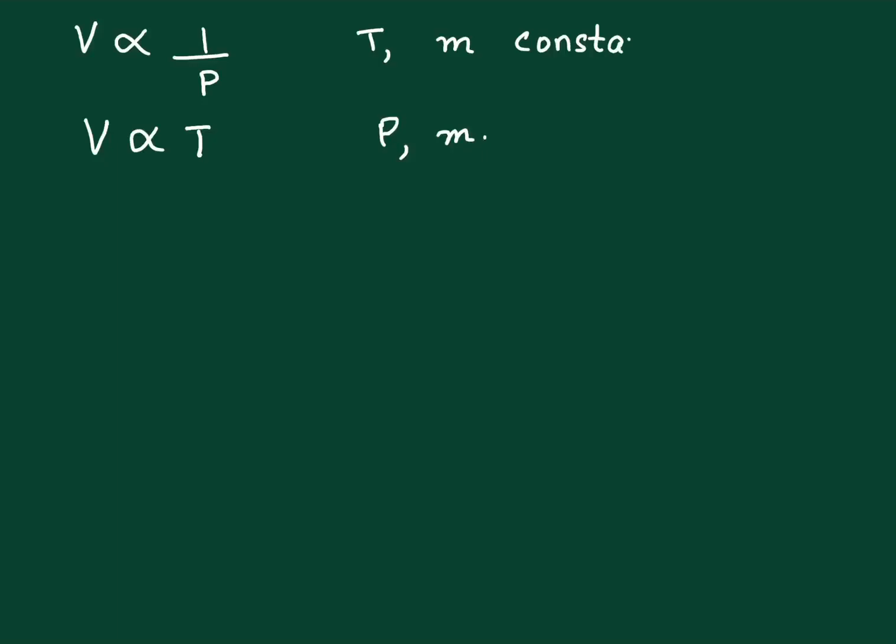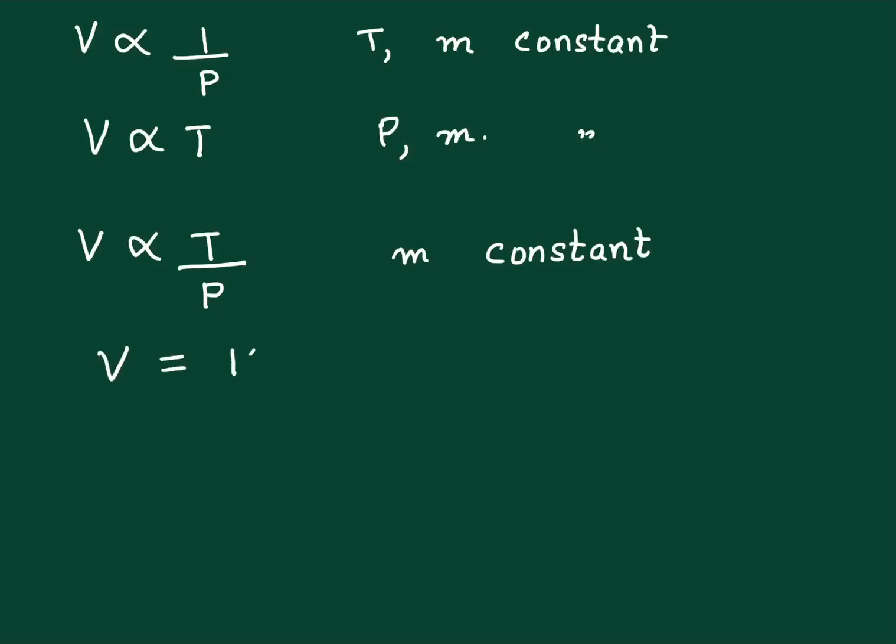Now we are going to combine the two and we get V is directly proportional to T upon P, wherein only mass remains constant. Removing the proportionality sign, we put a constant K over here: V equals K times T upon P. Therefore, PV upon T is a constant.